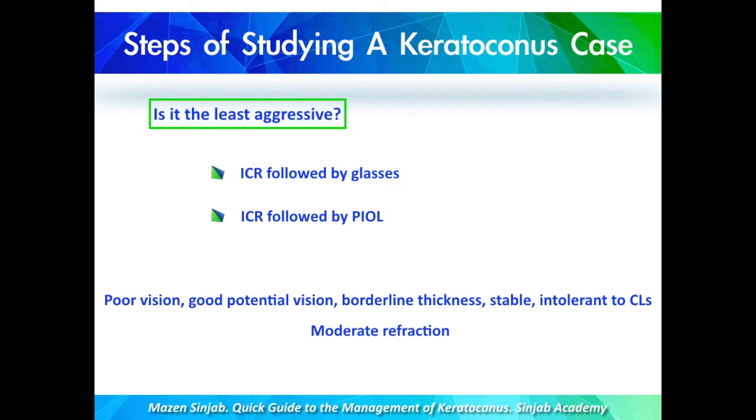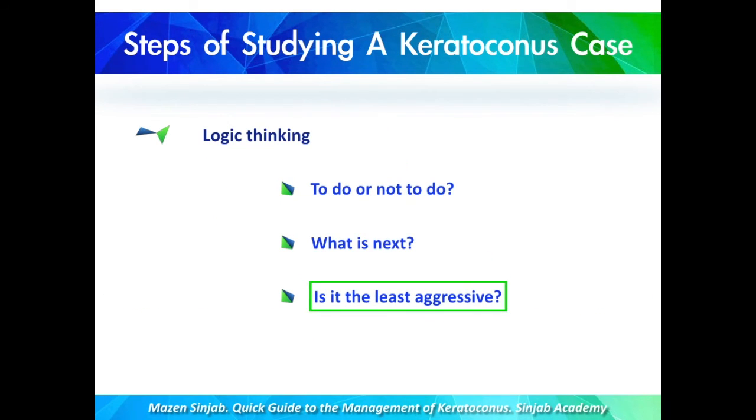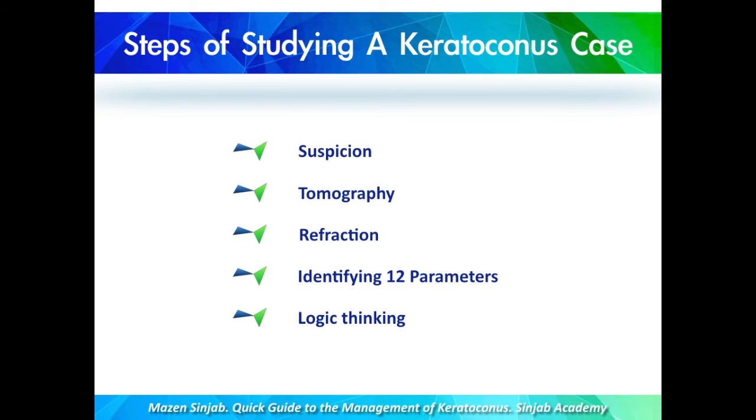Of course, intracorneal ring followed by glasses is the less aggressive. By this, I finished answering the 3rd question, and we finished the 5th step, which is logic thinking.